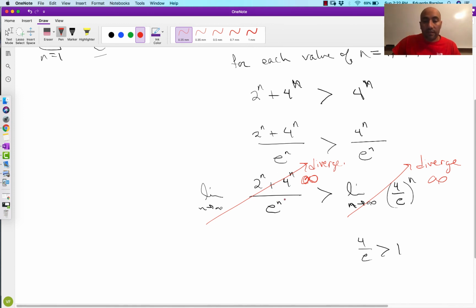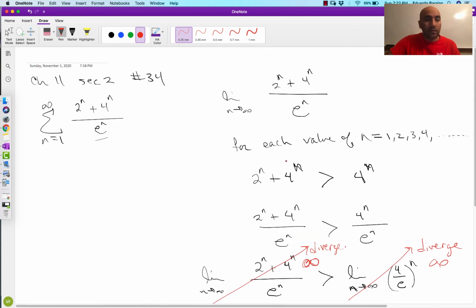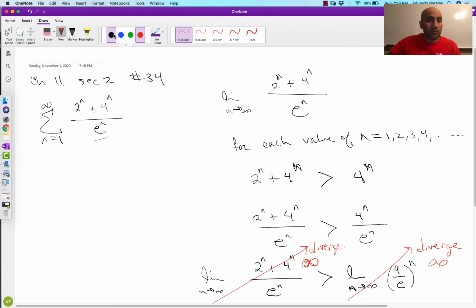And because it's definitely not going to 0, I can come back to this guy and say it's going to diverge. So diverges. The series, the sum of this whole thing, is going to diverge because the individual terms are diverging.